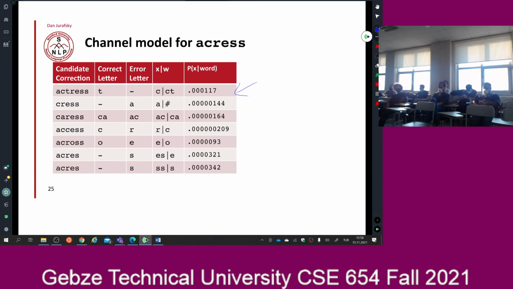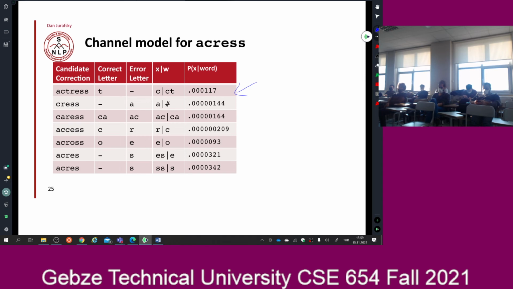So should we make our decision based on just one word? No, of course. We did not look at the context yet, and we did not even look at a very simple language model, which is the unigram model. We didn't run it, right?